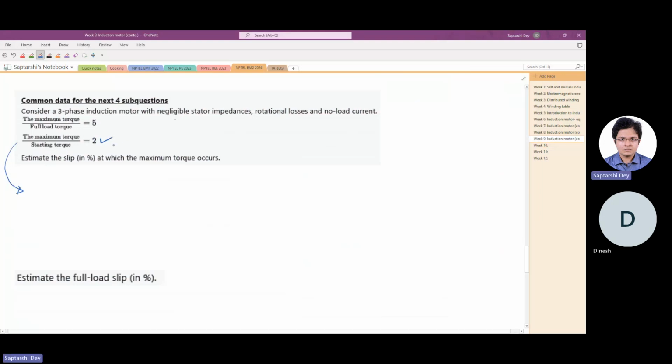Notice one thing, this is TP by TS. We are doing the opposite until now. So the ratio TS by TP is 2 alpha S by S squared plus alpha squared. S equals 1 since we're talking about starting, so 2 alpha by 1 plus alpha squared equals half.